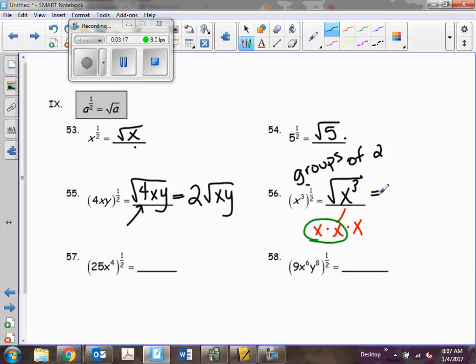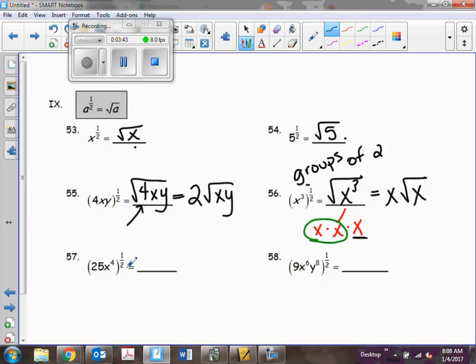But because I still have 1 x left over, that stays underneath that radical. So this would be rewritten as x square roots of x. Because this is one group that pulls out, that one group comes out front. This is not a group, so it stays underneath that radical. So anytime that we're dealing with the square root, we're looking for groups of 2.